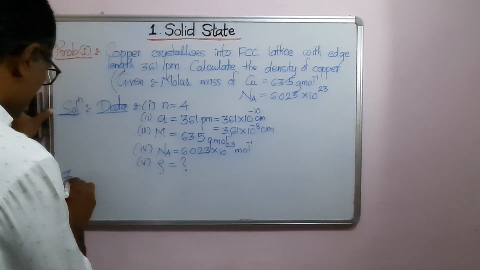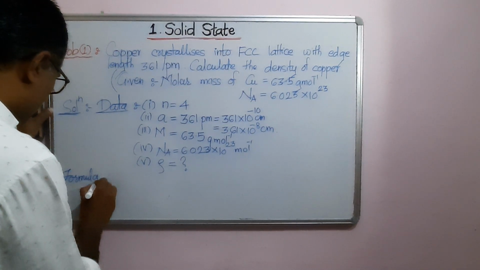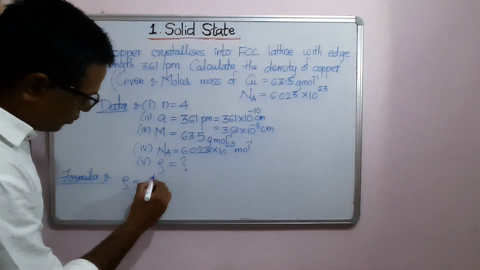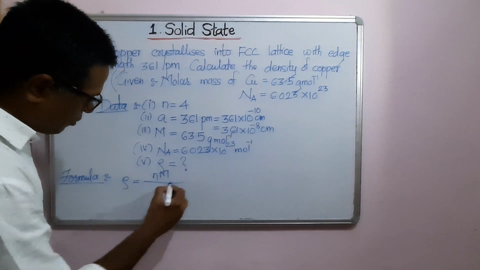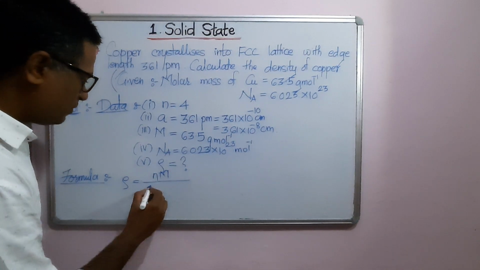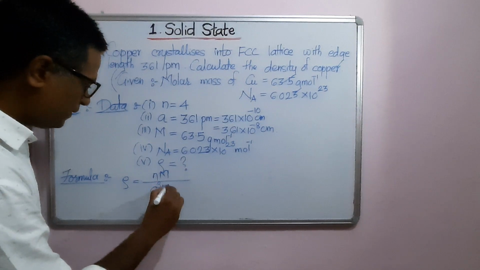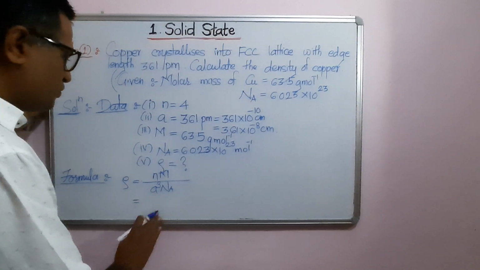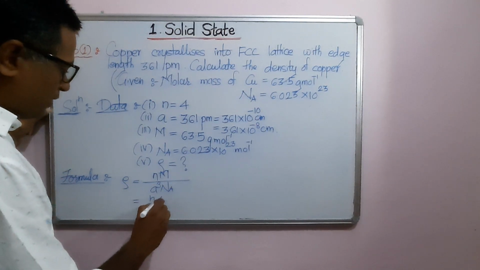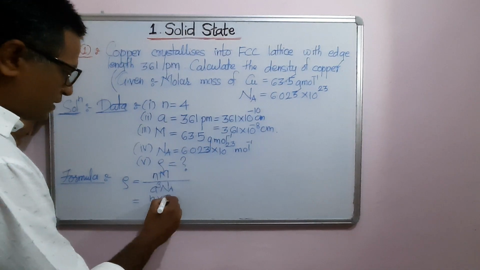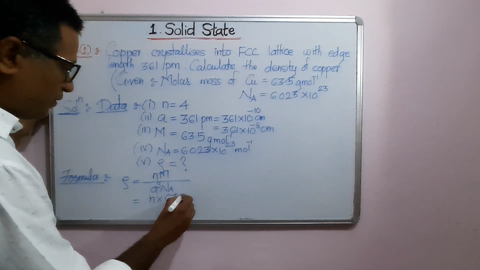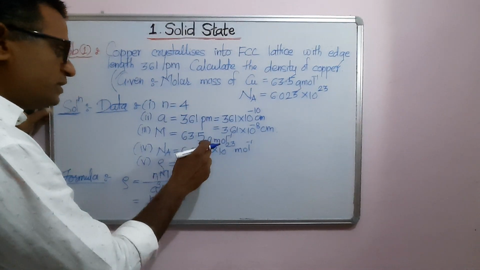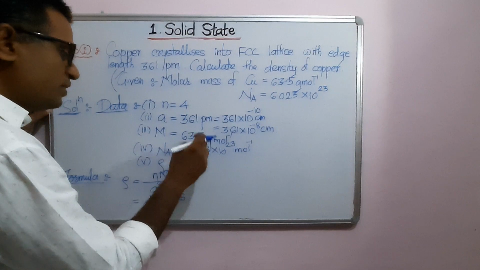So what is the formula that you are using? Density is equal to N into M upon a cube Na. Just substitute the values in the problem. M is molar mass, given as 63.5. Sometimes remember it may be given in kilogram, so you have to convert kilogram into gram.